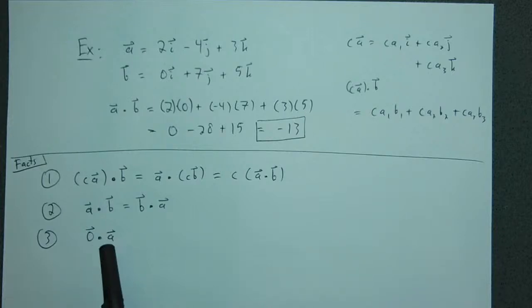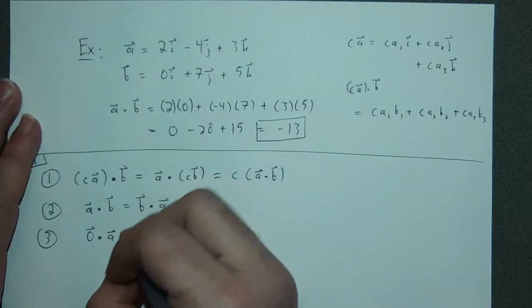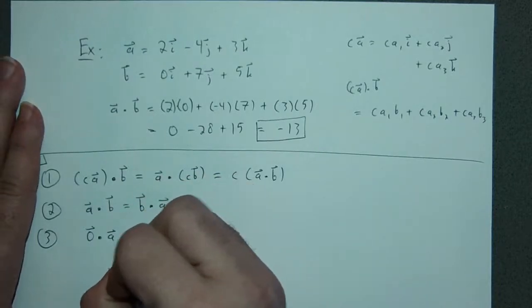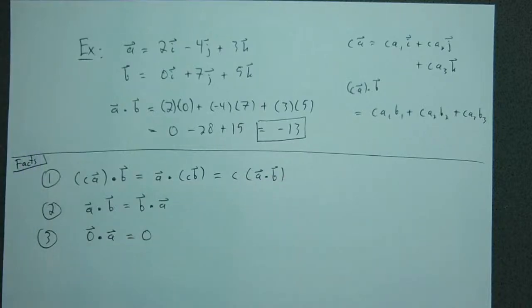So then each component of A is multiplied by 0 and then summed. You're summing a bunch of zeros, so you get 0. Okay, so dotting something with 0 yields 0. All right, so that's nice.